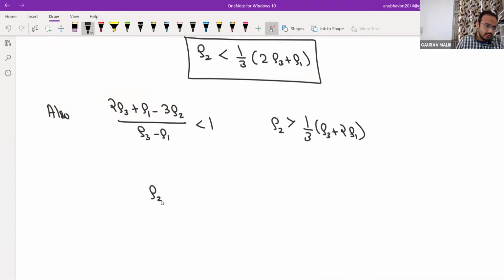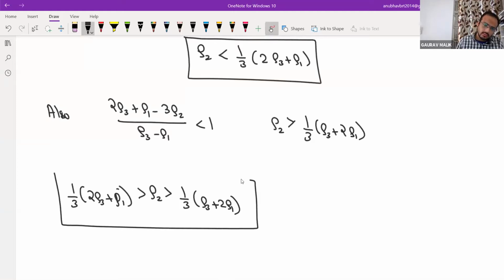So the value of rho 2 is between 1 by 3 of 2 rho 3 plus rho 1 and 1 by 3 of rho 3 plus 2 rho 1.